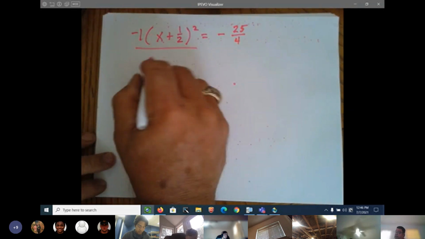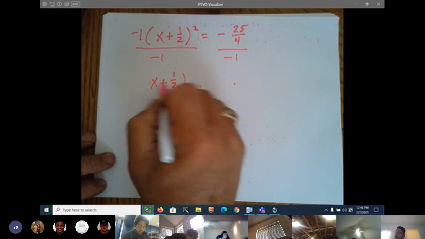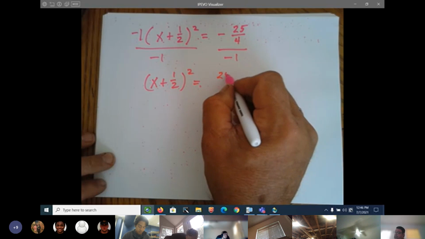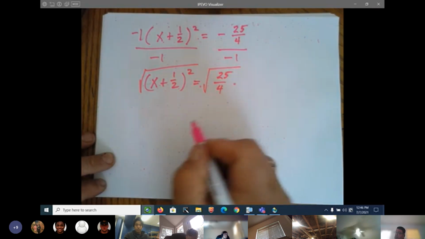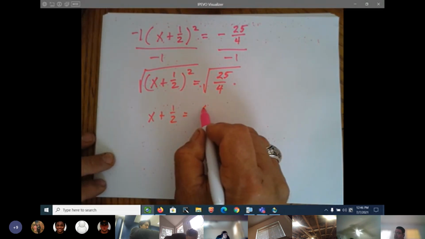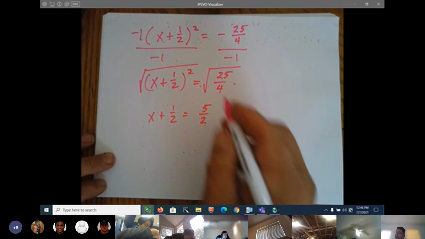Divide by negative 1, divide by negative 1. X plus 1/2 quantity squared is equal to 25/4. x plus 1/2 is equal to 5/2, positive or negative.